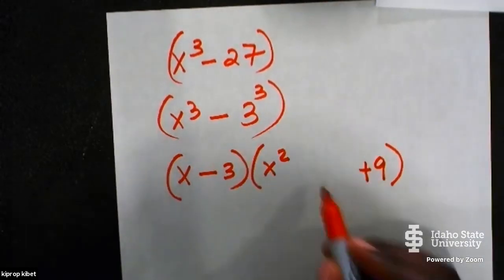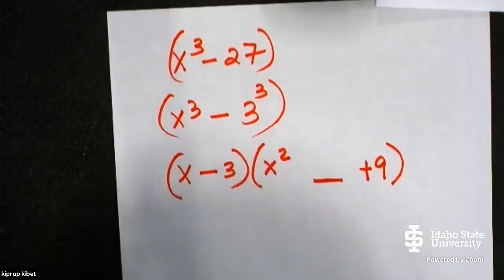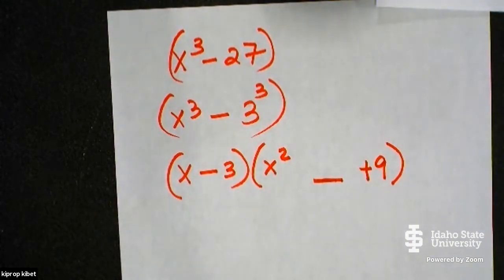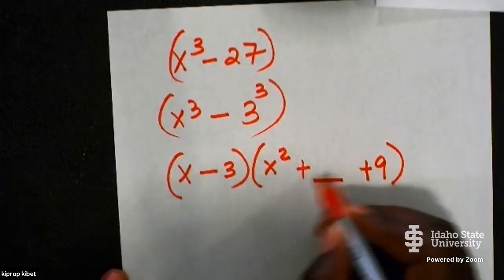So what will be here so that we get a 0? Minus 3. So here should be plus 3.